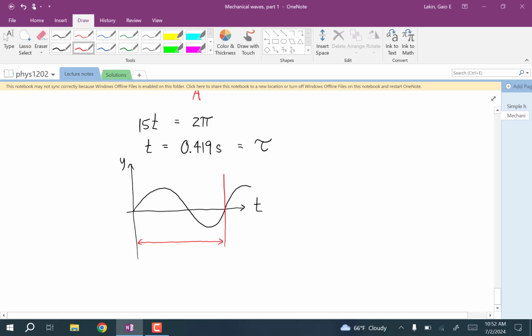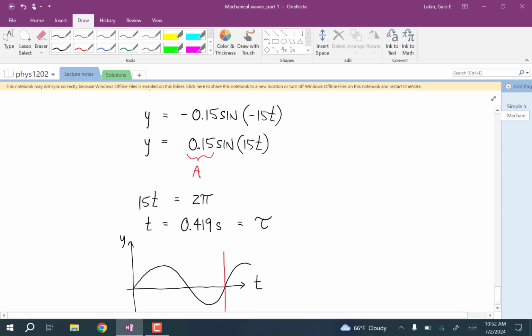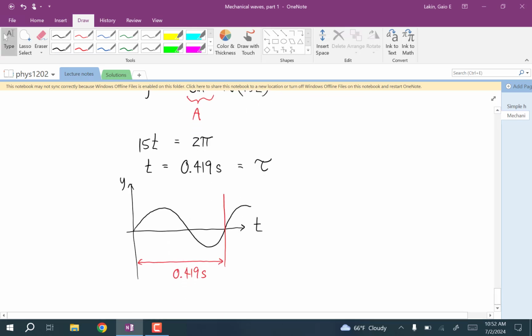And it repeats after 1 period. So that happens at 0.419 seconds. And since the amplitude is 0.15, the top of this graph is going to be at 0.15 meters, and the bottom is going to be at negative 0.15 meters. So that is a position versus time graph of the oscillation of this single point at x equals 0.